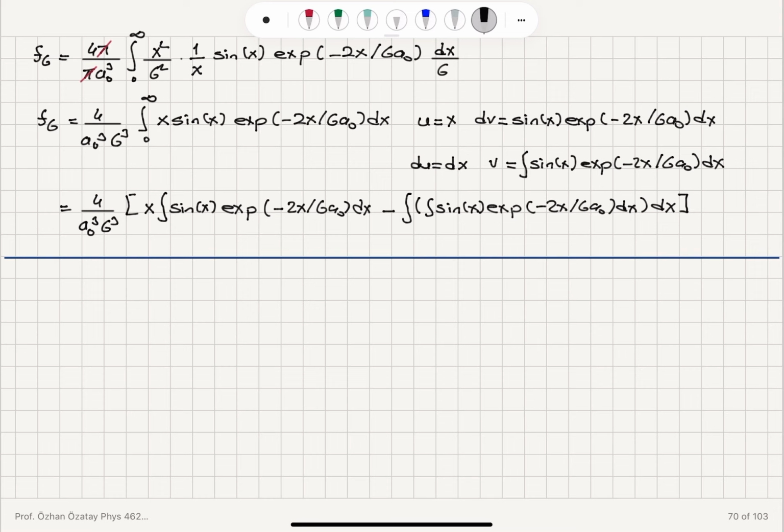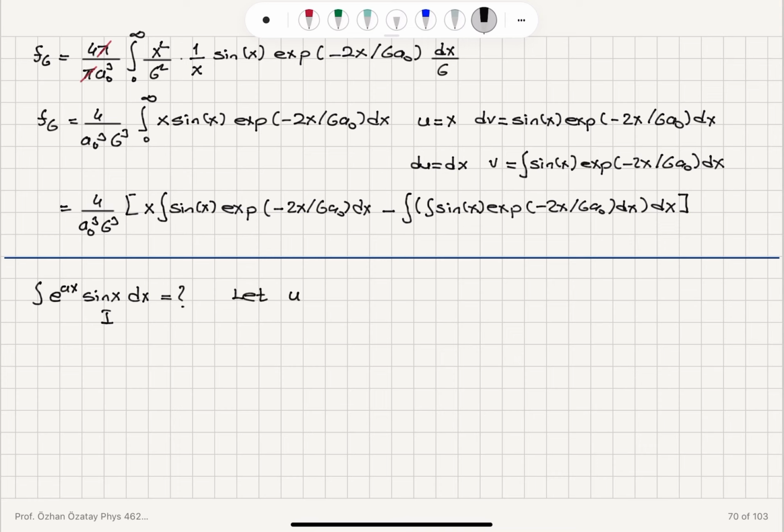This is an application of integration by parts. Now we have encountered this integral of sin x exp(−2x/(ga0)) dx. So I want to work on integrals of the form the integral of e^(ax) sin x dx. I'm going to call the result of this integration I. In order to perform this integral, let's do integration by parts.